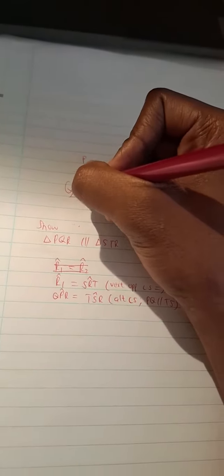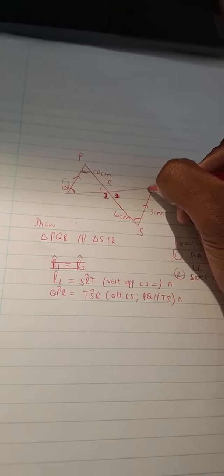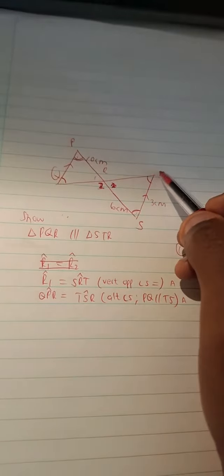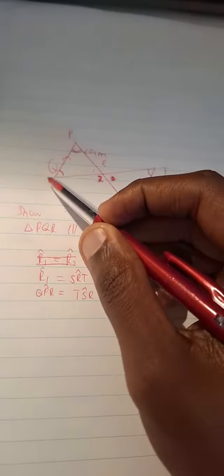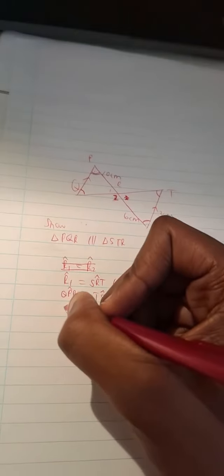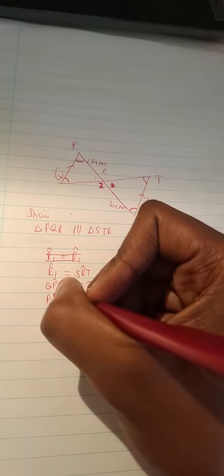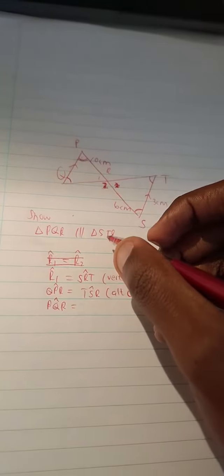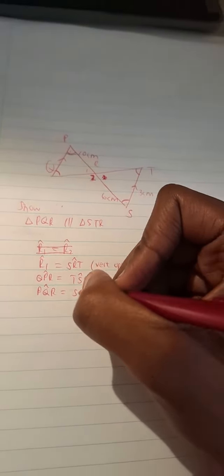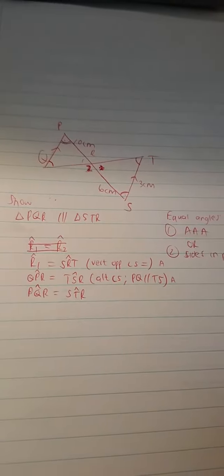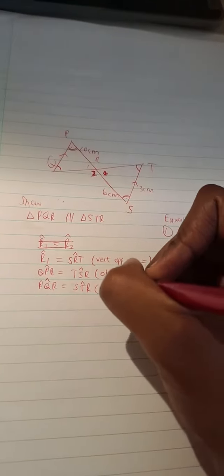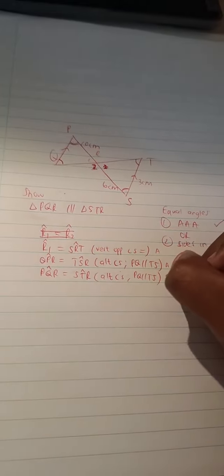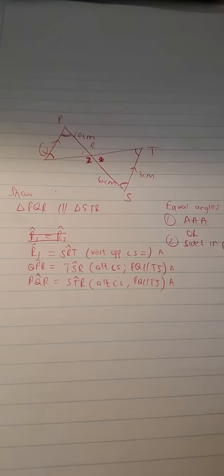This angle and that angle form another Z. So angle PQR is equal to angle STR. The reason: alternate angles, lines that are parallel. PQ is parallel to TS. That's my third pair of angles.